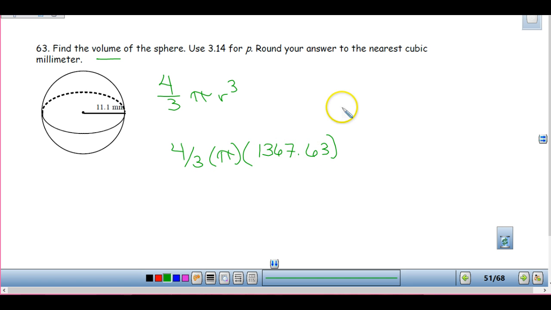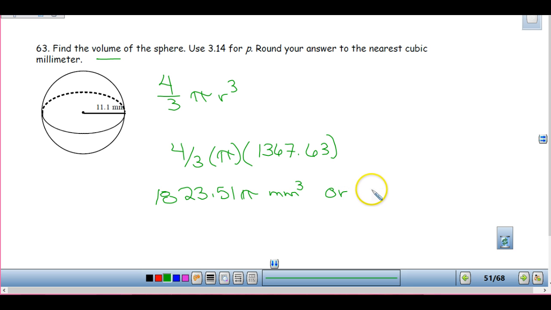You can either times by parentheses 4 divided by 3, or you can take 1367.63, multiply it by 4, hit enter, and then divide it by 3. And what you need to end up with is 1823.51 pi. That's going to be millimeters cubed because we're talking volume.